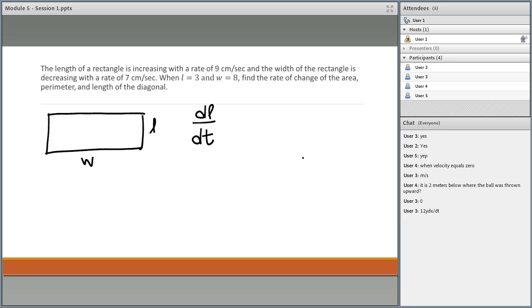So it represents dL/dt, the rate of change of the length with respect to time. And we were told that it's increasing with a value of 9 centimeters per second. One thing that I know, why I knew that was dL/dt, is because it's a rate of change. So it represents a derivative.